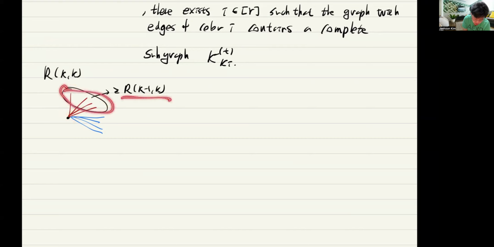So as long as this is bigger than that, then you're done. So that is the bound: technically R(k-1,k) plus R(k,k-1) plus 1.